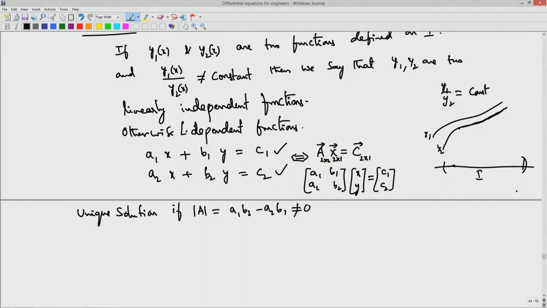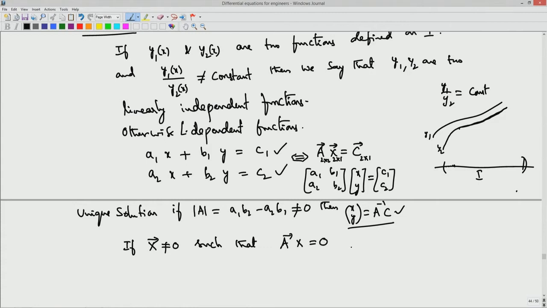If the determinant of A, that is a1 b2 minus a2 b1, is non-zero, I know that I can invert this matrix to get x and y. (x, y) is nothing but A inverse times C. So this is the condition. Another way of saying it: suppose I can find a non-zero vector x such that Ax equal to 0.